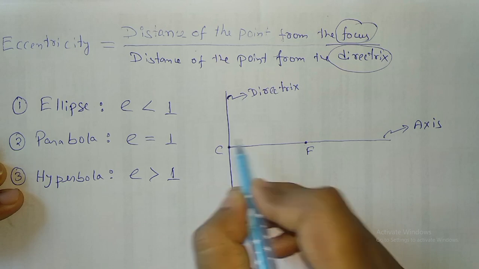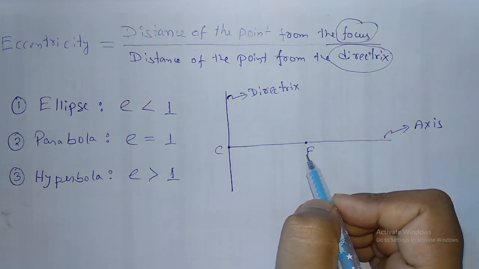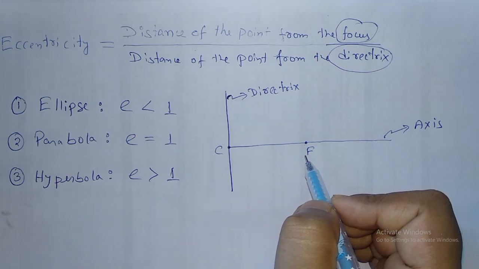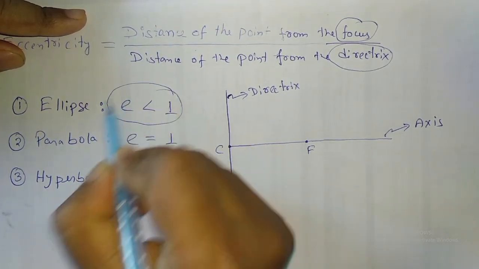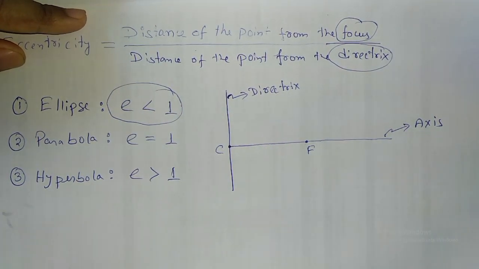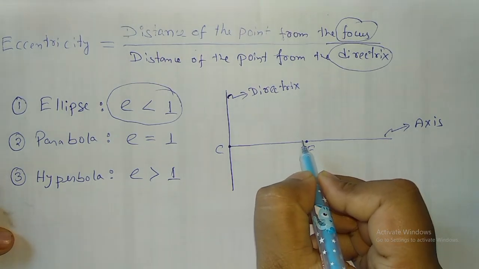So for an ellipse, what will be the eccentricity? For an ellipse, it is given that eccentricity is less than 1.